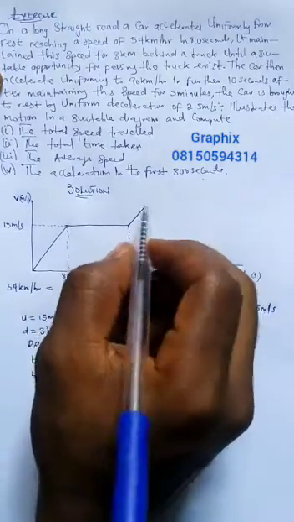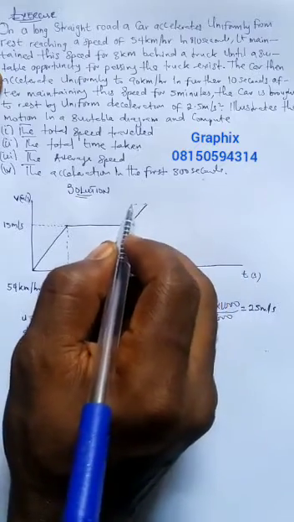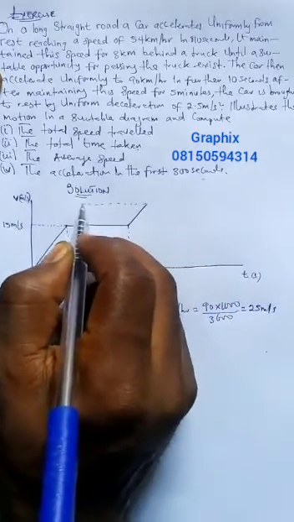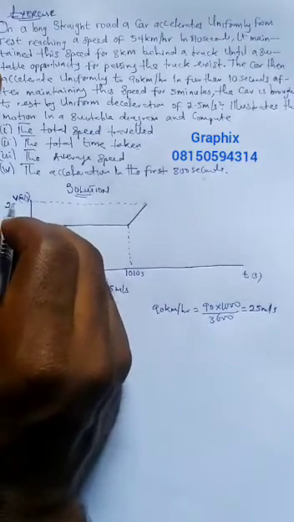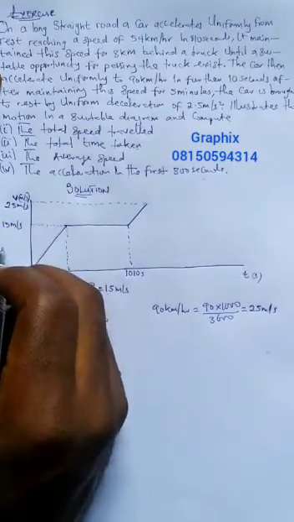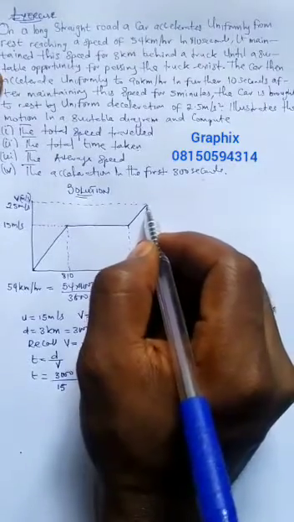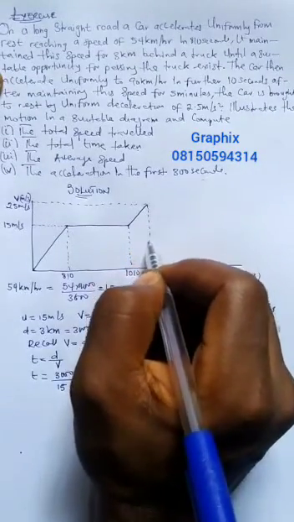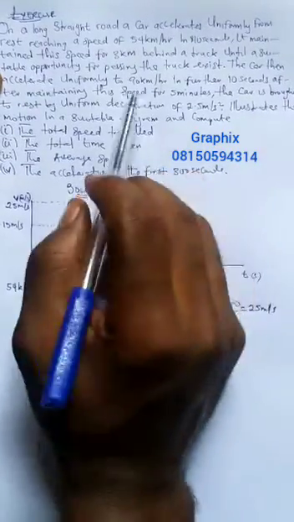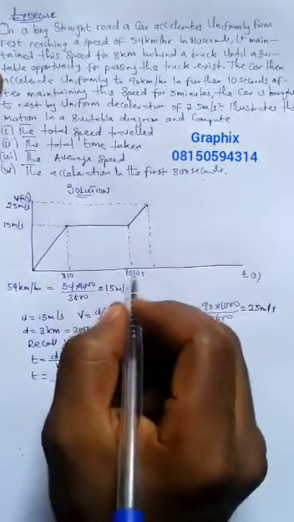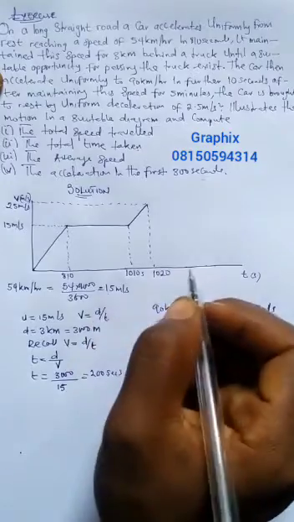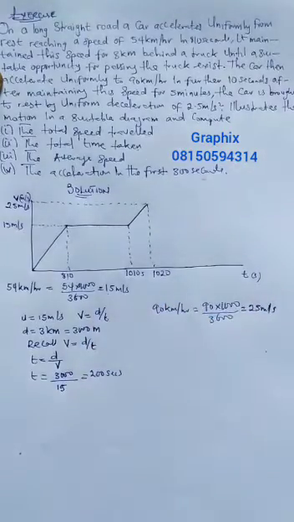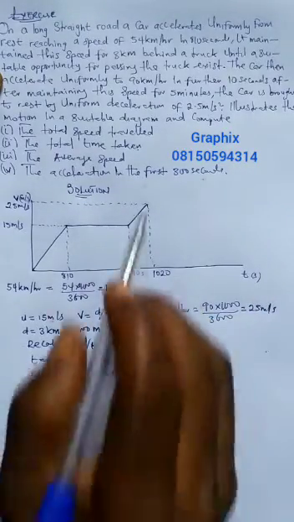So it reaches 25 meters per second in a further 10 seconds. So 1010 plus 10 will give you 1020.